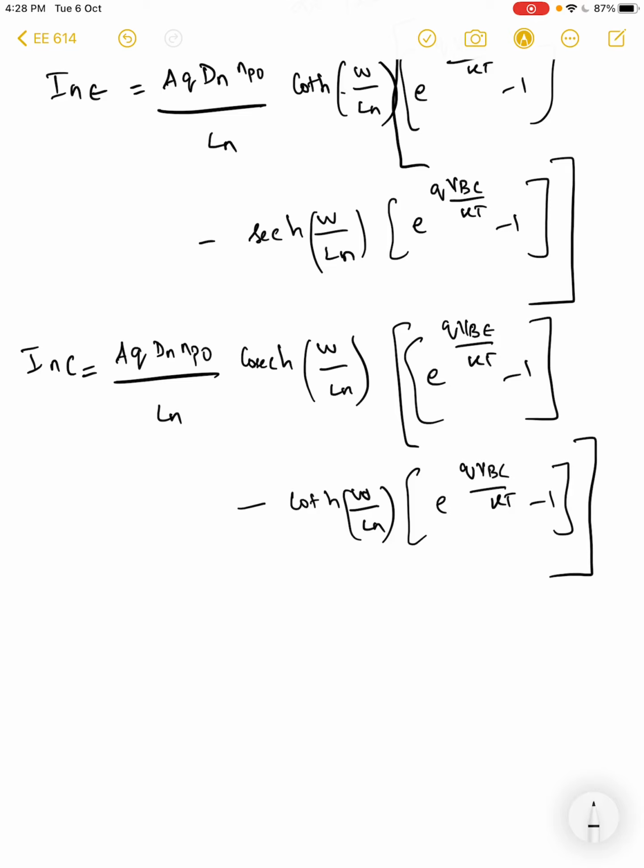Remember, VBC is negative, right? Because the collector base junction is reverse biased, right?